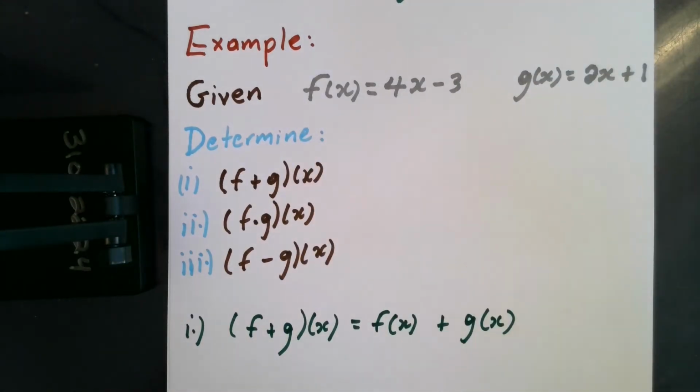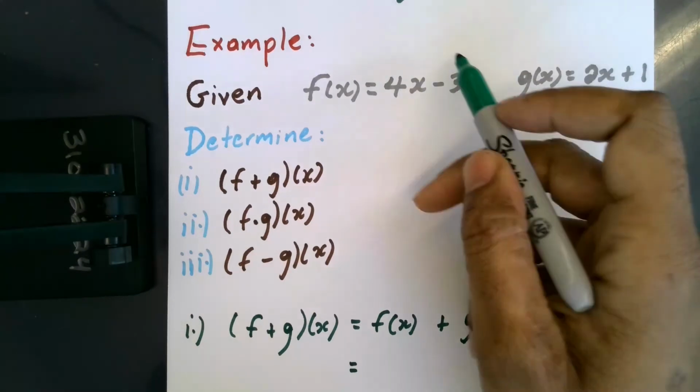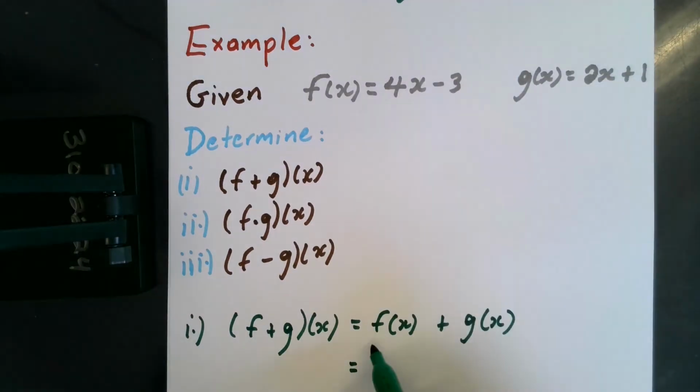Okay, so all I'll be doing is write what expression is represented by f of x, and that expression is 4x take away 3.